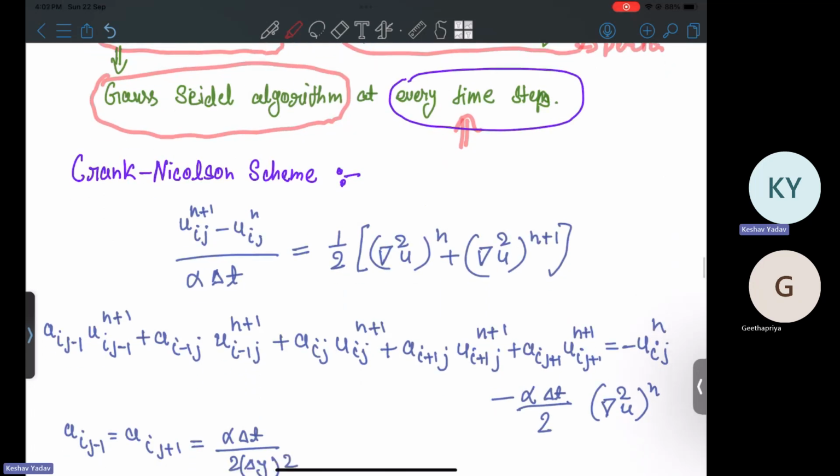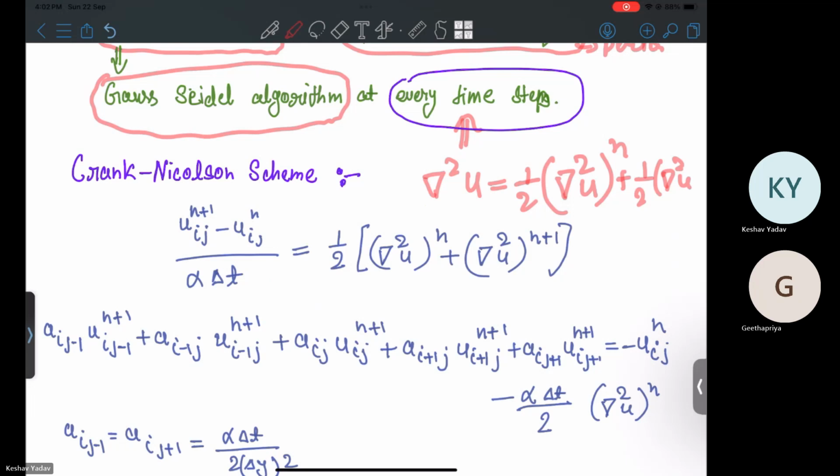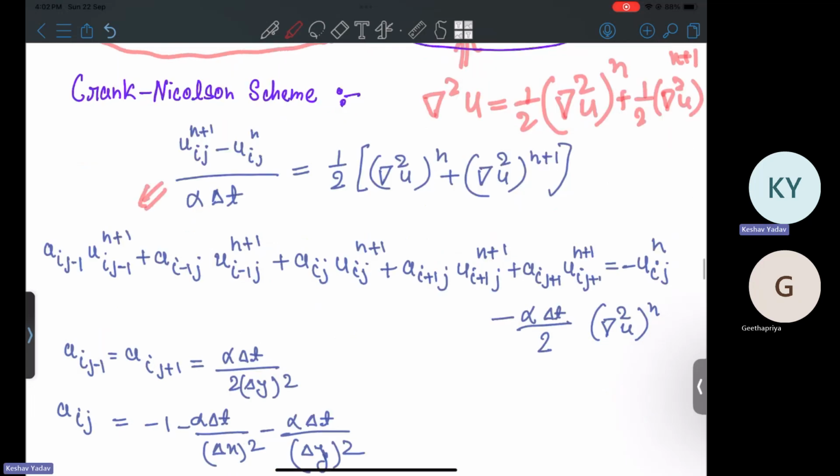Similar to the implicit scheme, we can go for the Crank-Nicolson scheme. In the Crank-Nicolson scheme, we will write this Laplacian as half of the Laplacian at nth iteration plus half of the Laplacian at n plus 1th iteration. You can go by that.